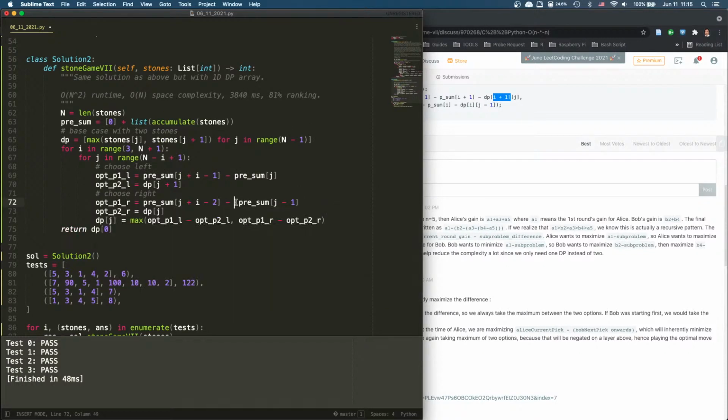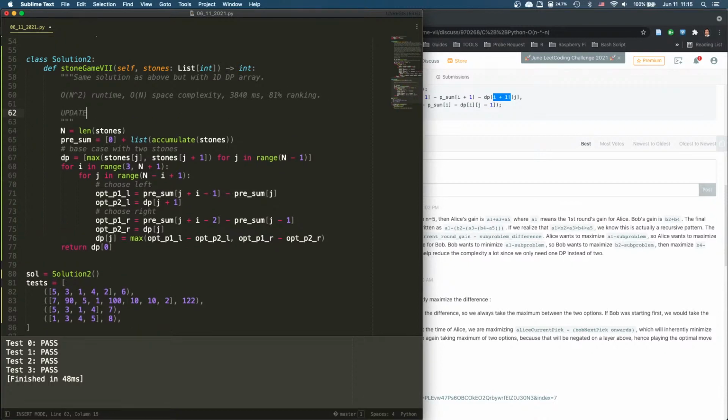We're converging into the good solution. And if this is the case, we can further put them into one line. We can just say, choose left, optimal player 1, optimal player 2. No, I like this is more explicit.